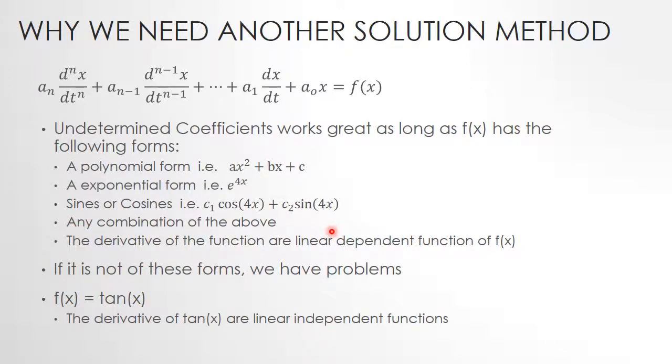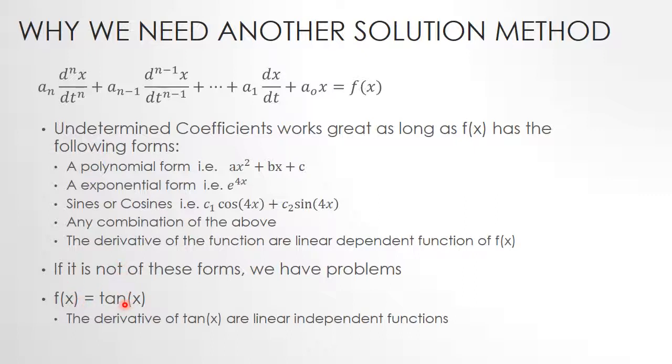And then when you take its derivative, you get functions that are linearly dependent on f of x. So the problem comes in if we have a function f of x where our derivatives are not linearly dependent, say tangent x.